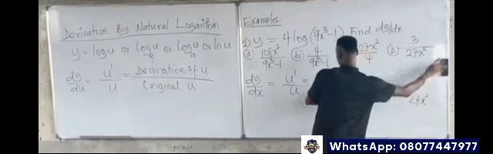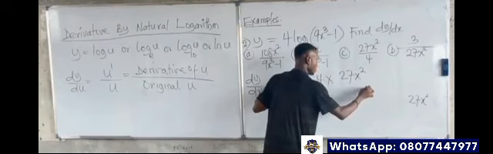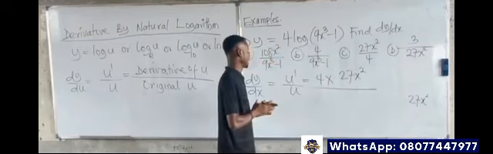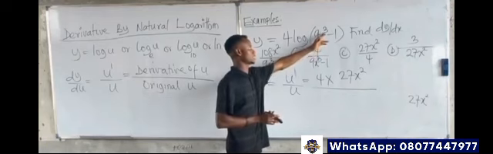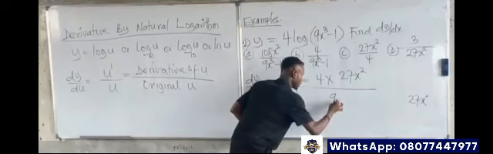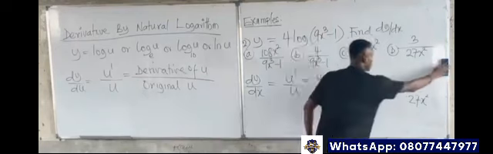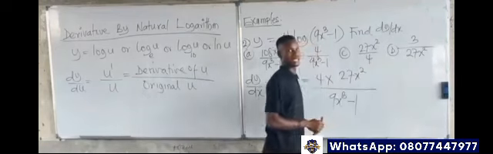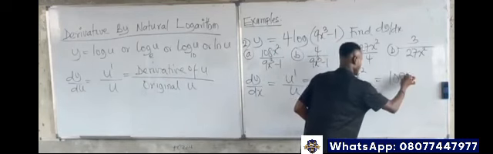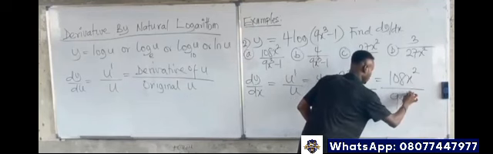So I'm going to place this as 27x squared over the original u, which is 9x raised to the power of 3 minus 1. Please take it. So let's multiply. Now 4 times 27, what is the answer? 108x squared over 9x raised to the power of 3 minus 1.